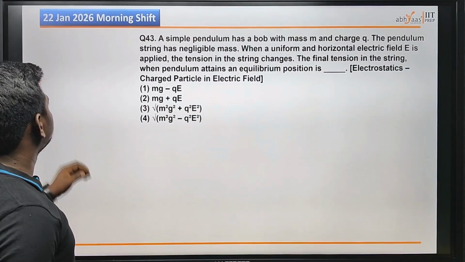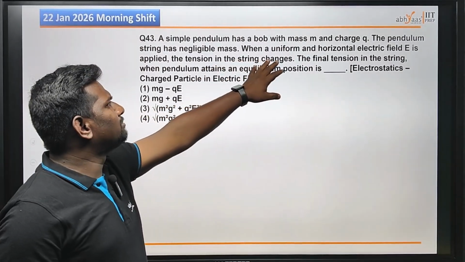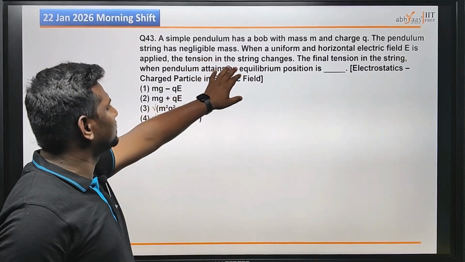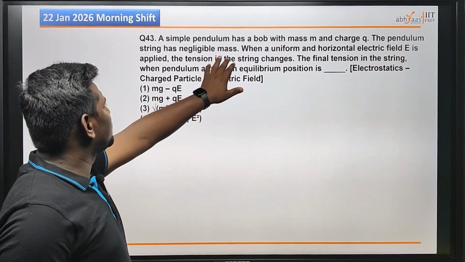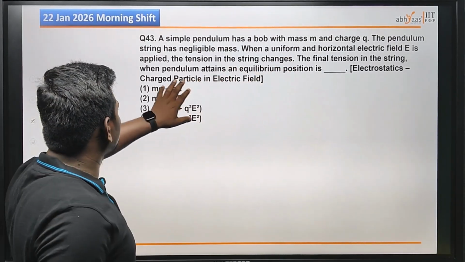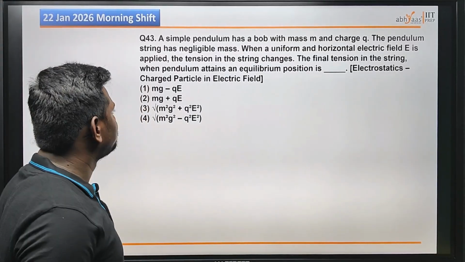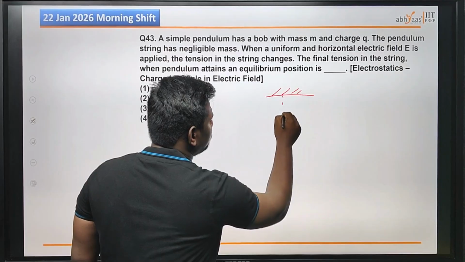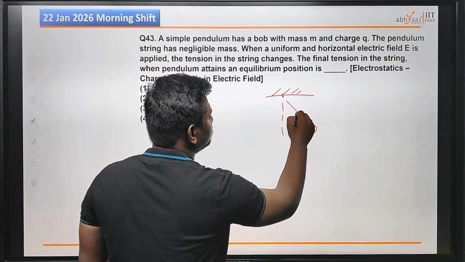So next question, question number 43. A simple pendulum has a bob with a mass m and a charge q. The pendulum string has negligible mass. When a uniform horizontal electric field E is applied, the tension in the string changes. Find the final tension in the string when the pendulum attains the equilibrium position. Very, very simple. This is my pendulum, this is the bob.